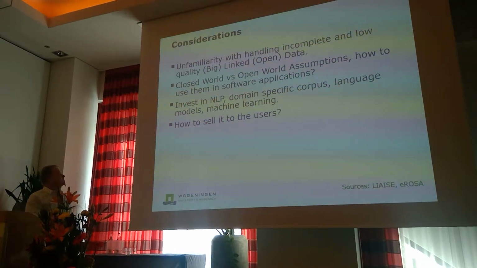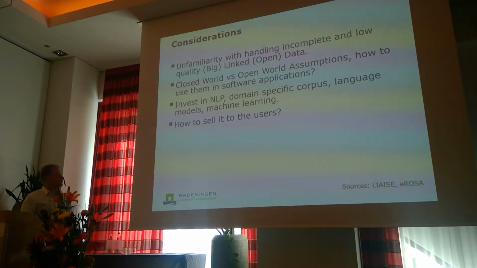The next point I like very much is also a very interesting thing. If you come from the GIS world, we have these two assumptions: the closed world and the open world assumption. The GIS world is more like a closed world approach, so we think that everything we have in the data set is basically the truth.